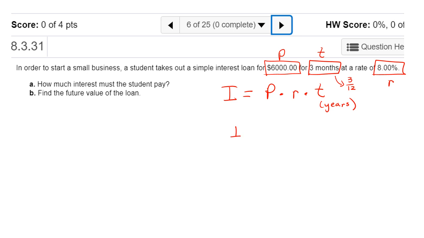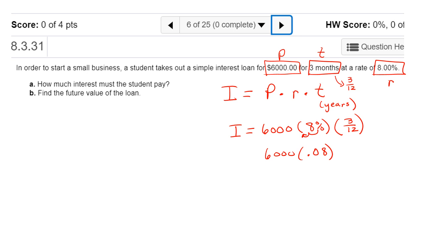So when we set it up in this formula for how much interest, I'll have the $6,000 times the interest rate, which is 8%, times the time in years, which would be 3 out of 12. Now, a couple of things can happen here. Move your decimal over 2 places for the 8%. So that's 0.08.